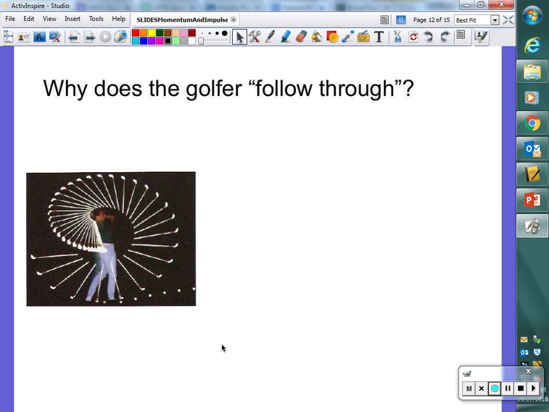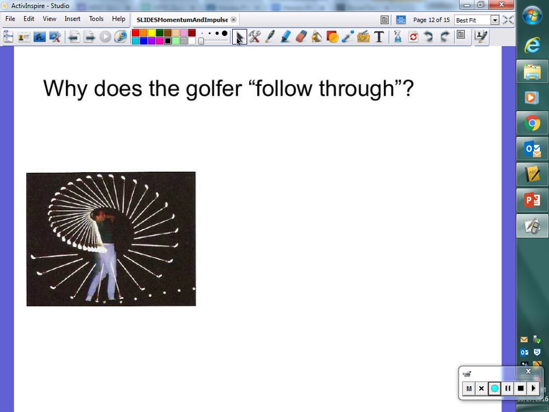So this could be swinging a golf club, but it could also be hitting a baseball, throwing a football, kicking a soccer ball, hitting a tennis ball, and shooting a basketball. Okay, all of those things apply.